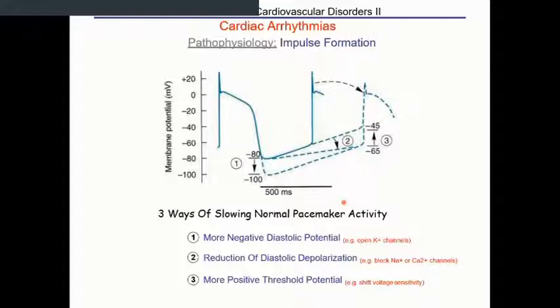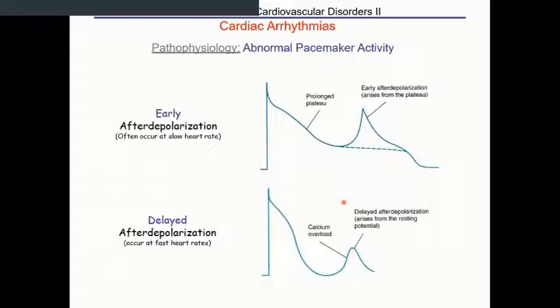So this is just a review of your impulse formation. We have briefly discussed this a little bit. So this one is a schematic diagram of the abnormal pacemaker activity that leads to abnormal automaticity of the cells. So you have your early afterdepolarization, which often occurs at slow heart rate.